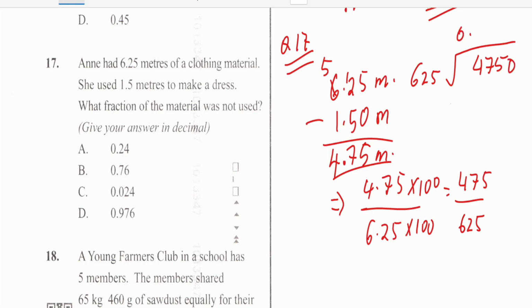So 625 goes into 4650 how many times? Is it 7 times or 6 times? I think it's 7 times, because I did the calculation somewhere, but at your own time, look at it carefully. So it's 7 times, giving you 4375. So if you subtract that, 4750, 10 minus 5 gives you 5, 14 minus 7 gives you 7, 6 minus 3 gives you 3, and 375.